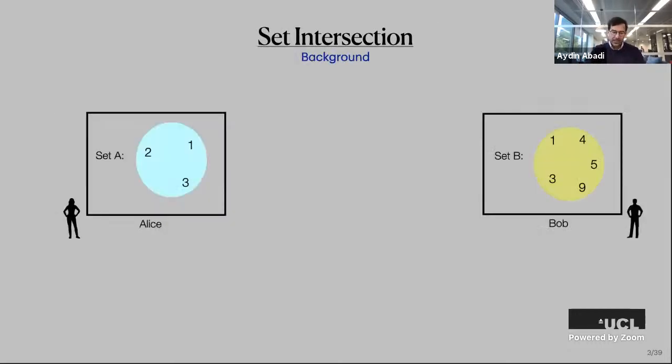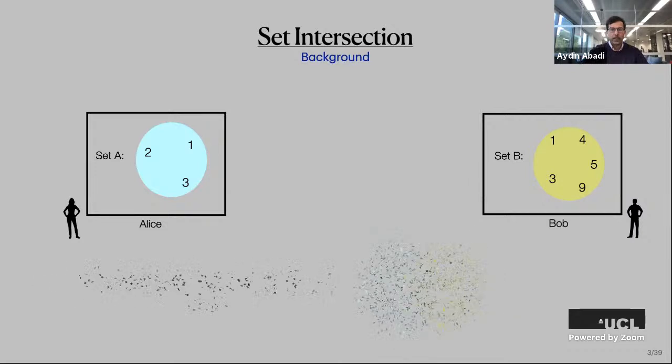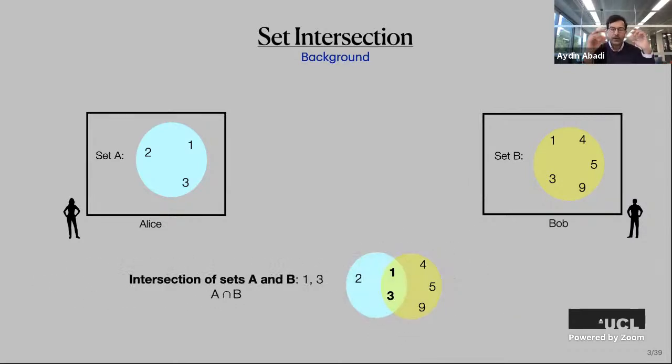Right, so let's ignore the privacy for a moment and see what set intersection means. If you have 2 sets owned by 2 different parties, here Alice and Bob, then the intersection of 2 sets, set A and set B, is a new set containing all elements of A that are in set B as well.